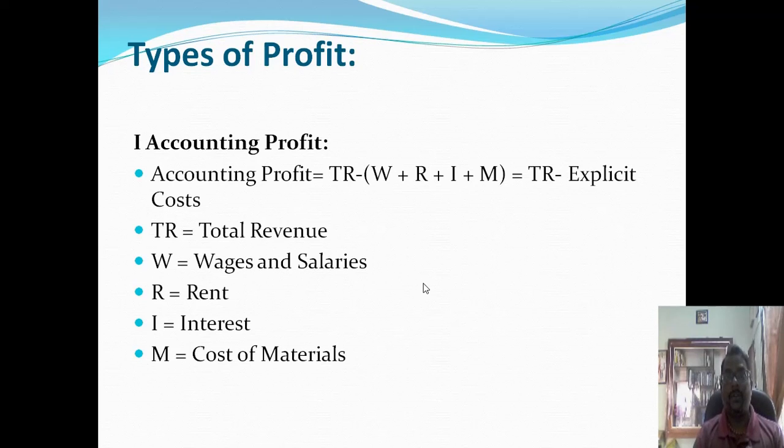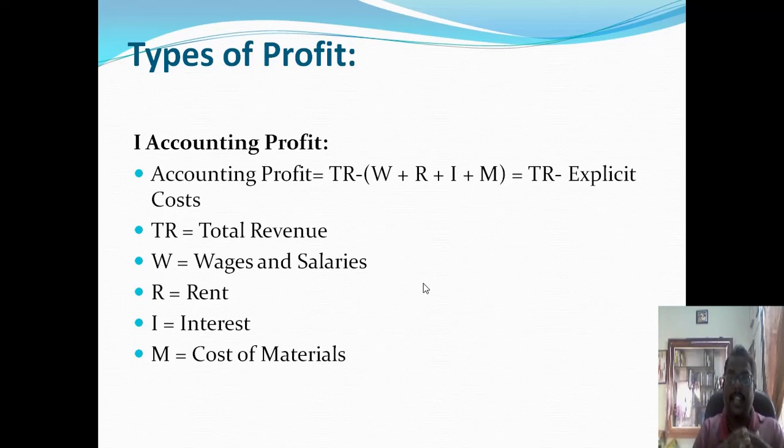So accounting profit is total revenue, which you can say is sales, minus all those costs. Here wages, rent, interest and cost of materials can be expressed as explicit cost. Explicit cost means the cost which is directly incurred and written in the books of accounts.